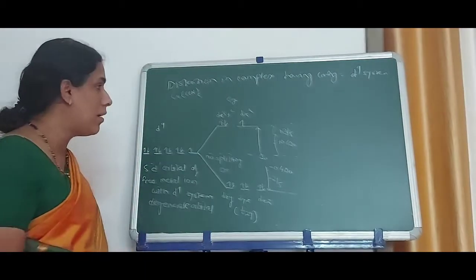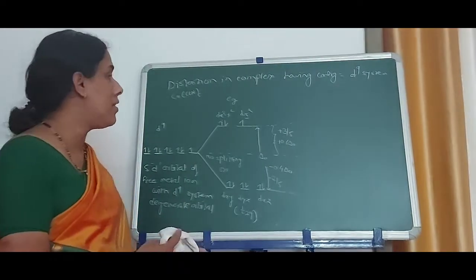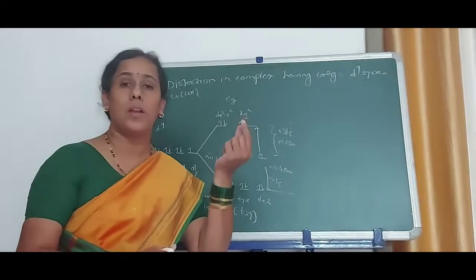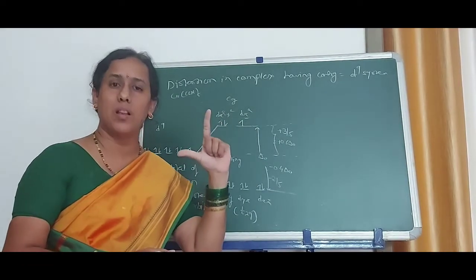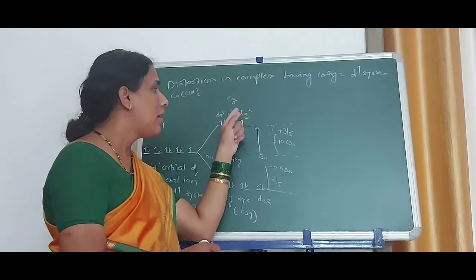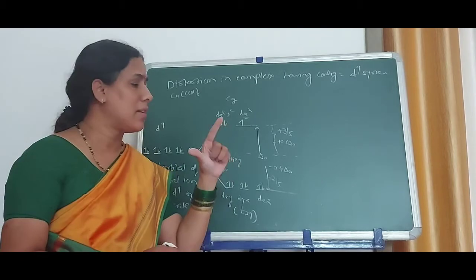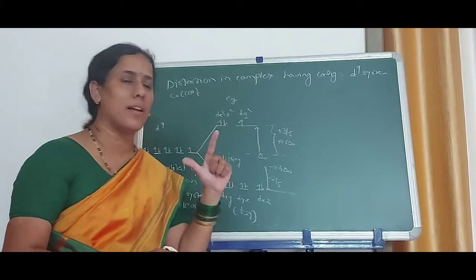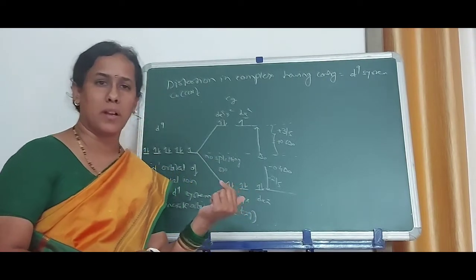Now when the dz orbital gets elongated, that is when the distance between the two ligands which are trans to each other on the z axis gets elongated, what happens? The bond distance of the ligands lying on the z axis becomes greater than that of the equatorial ligands placed from the central metal ion.